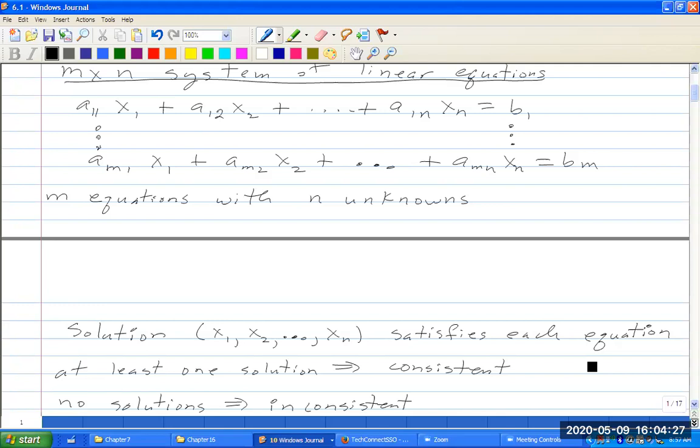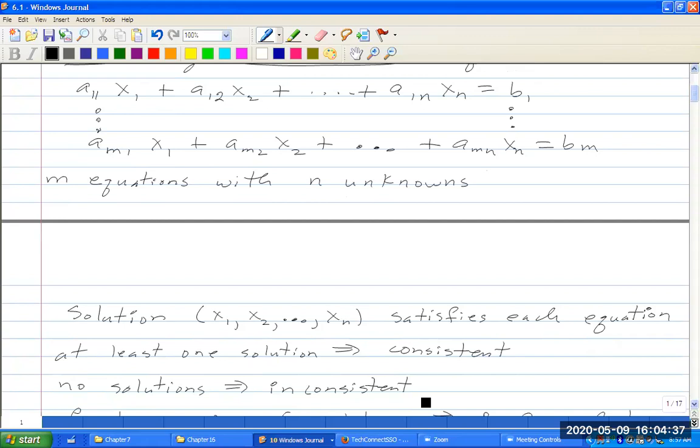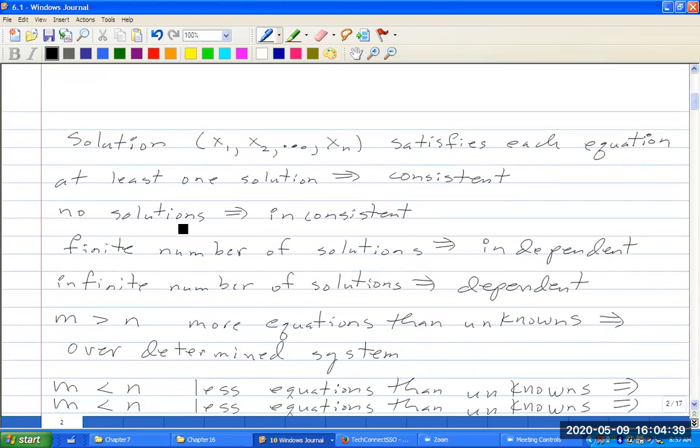If this system has at least one solution, then we will call it a consistent system. If it has no solutions, we will call it inconsistent. If it has a finite number of solutions, we will say that it is an independent system. If it has an infinite number of solutions, we will say that it is a dependent system.